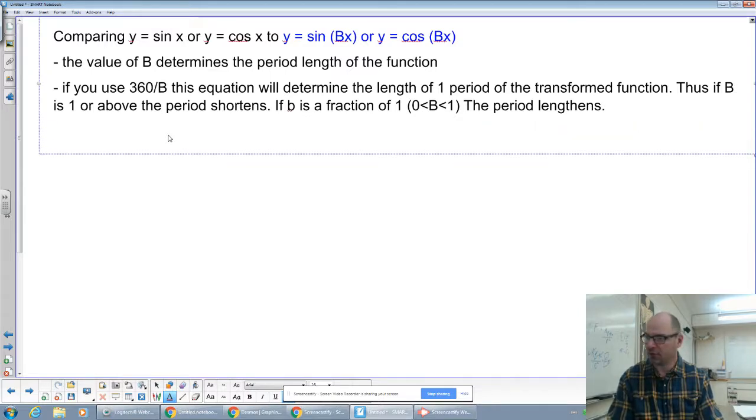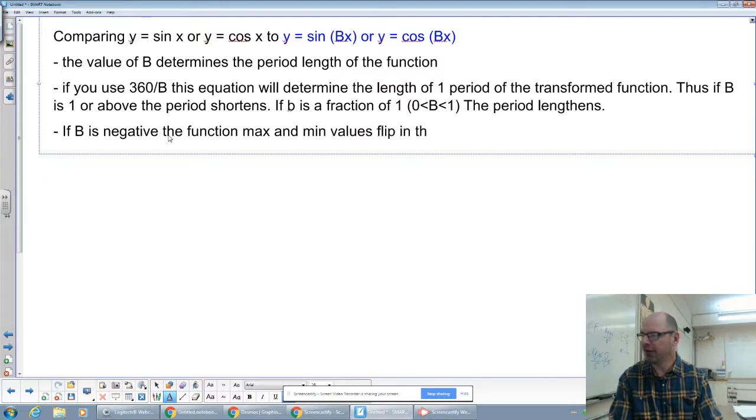And the last thing, of course: if we put a negative in there, if B is negative, the function's max and mins "flip" in the transformed graph.